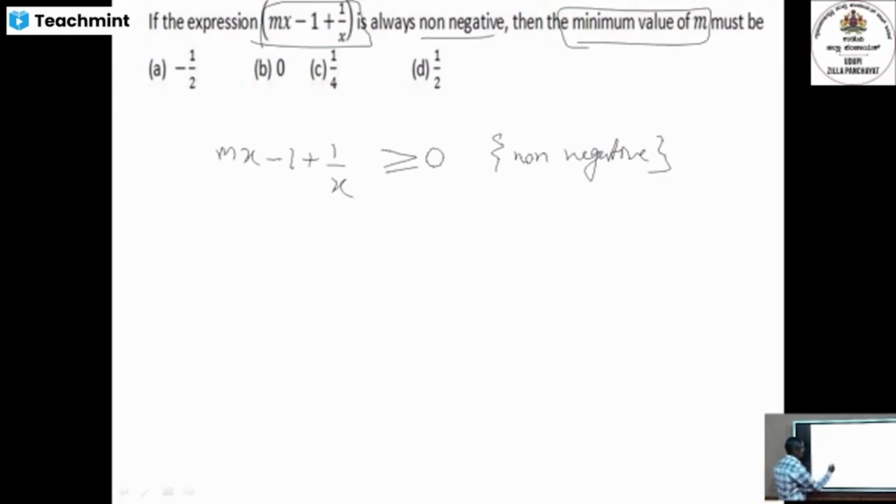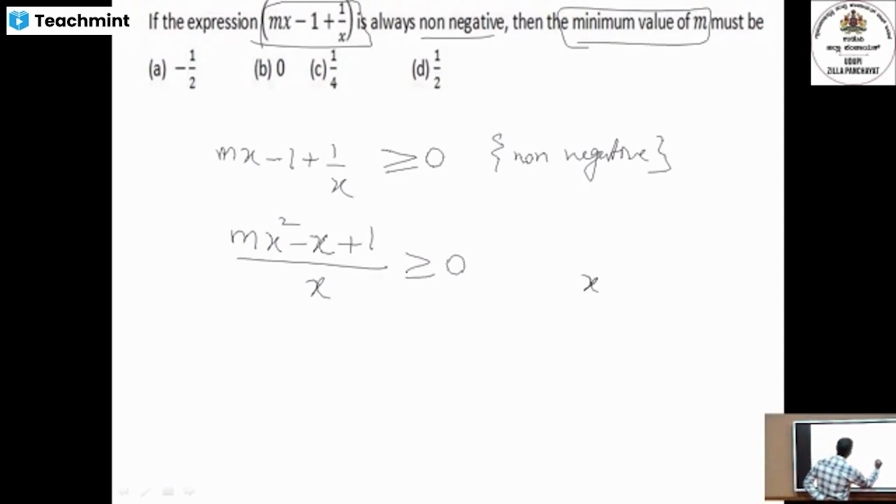See this particular problem, if you consider, you can see that in mx minus 1 you cannot solve for this x directly. So minus 1 you can take to the other side, but 1 by x prevails. So let us take the LCM. This becomes mx square minus x plus 1 whole divided by x greater than or equal to 0. x cannot be equal to 0, because if x equals 0, minus 1 greater than or equal to 0 comes. x equal to 0 is not possible because of this 1 by x.